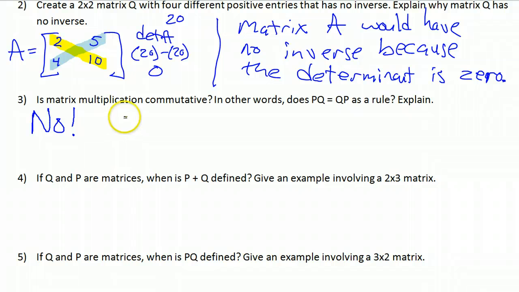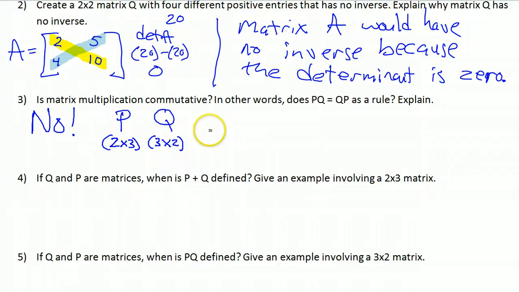imagine that I had matrix P that was a 2 by 3 matrix, and imagine that I had some matrix Q that was a 3 by 2 matrix.